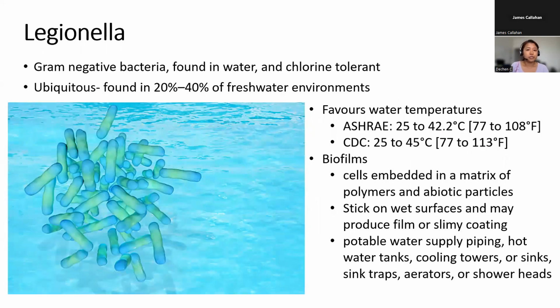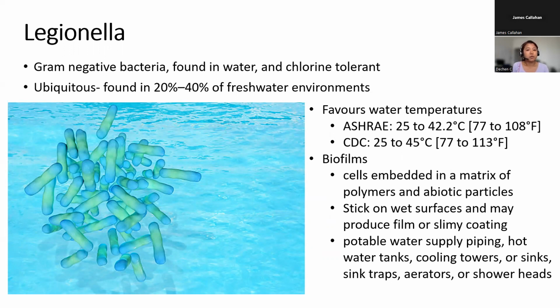So as mentioned earlier, Legionella is a gram-negative bacteria that's commonly found in the water. Because the organism is chlorine tolerant, it survives the water treatment processes and passes into the drinking water system in small numbers. They are ubiquitous and found in about 20 to 40% of freshwater environments.